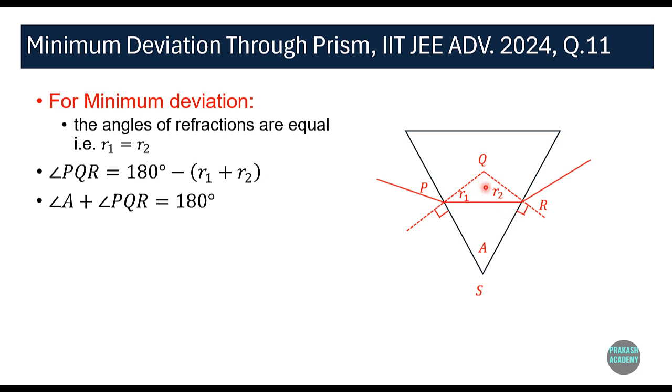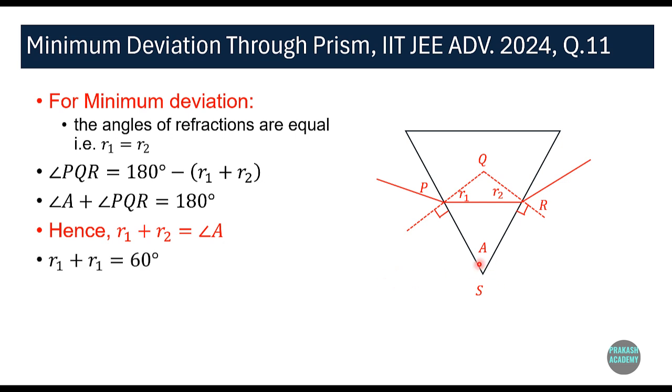So, the sum of this angle plus this angle has to be 180. This means angle A plus angle PQR is equal to 180 degrees. So, from here I can say angle PQR is equal to 180 minus A, and this is equal to this. So, R1 plus R2 is equal to angle A. So, this is another condition that I have.